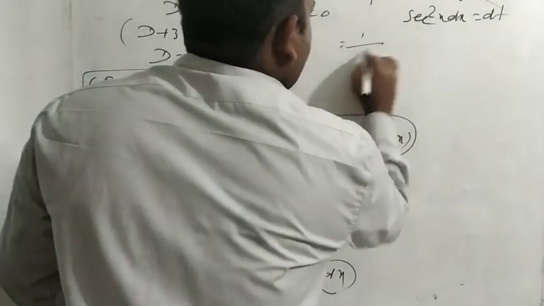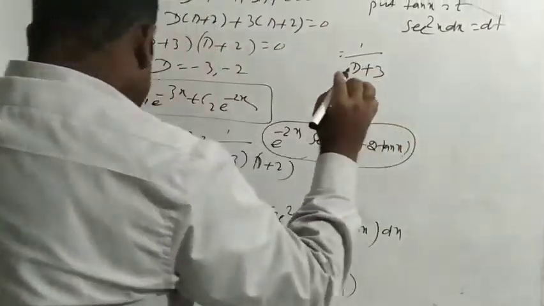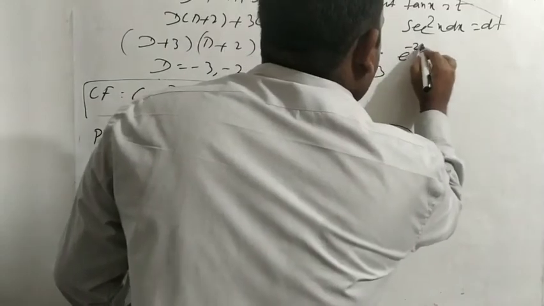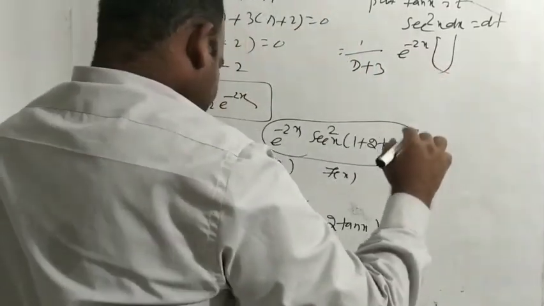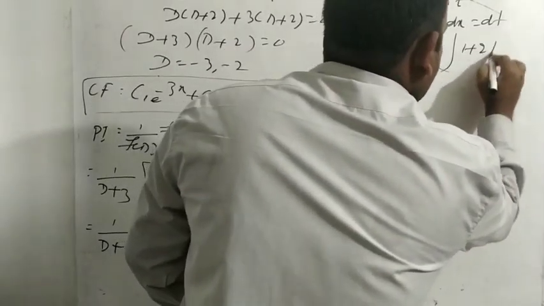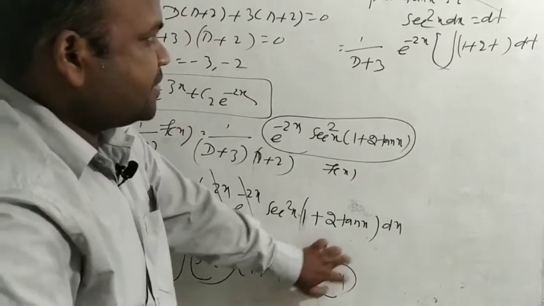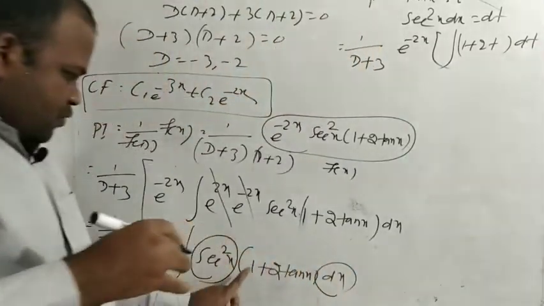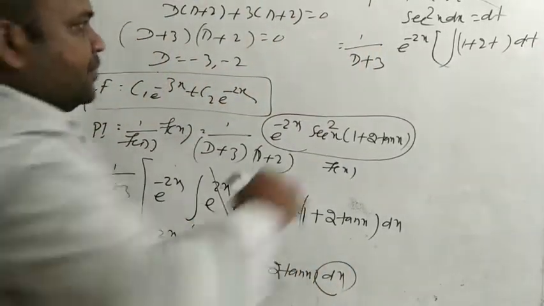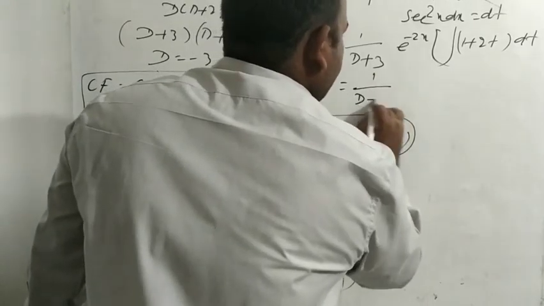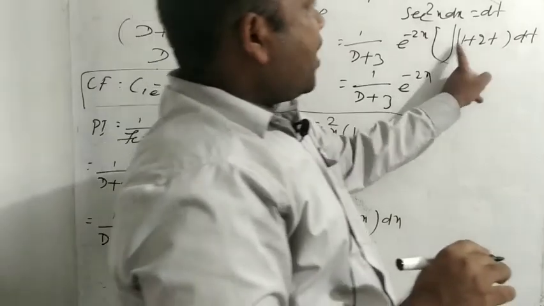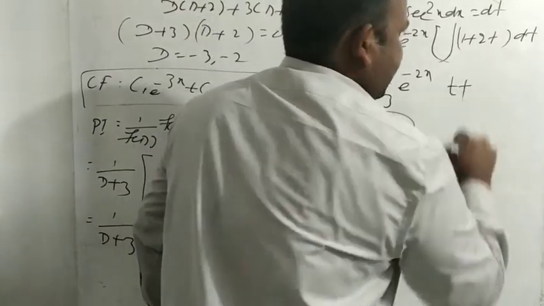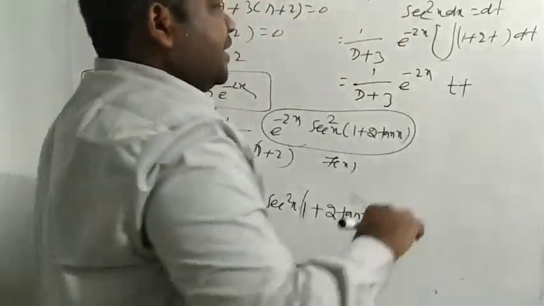So this is 1 upon D plus 3 e raised to minus 2x integration of 1 plus 2t, and sec square x dx equals dt, 1 plus 2t. So this is 1 upon D plus 3 e raised to minus 2x integration of 1 into dt. This is t plus 2t.